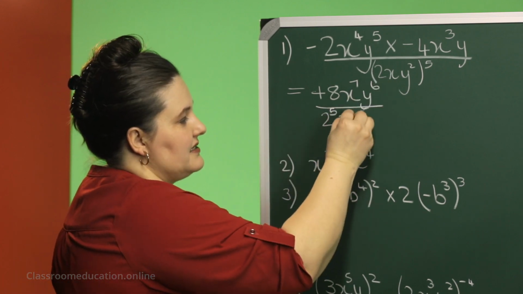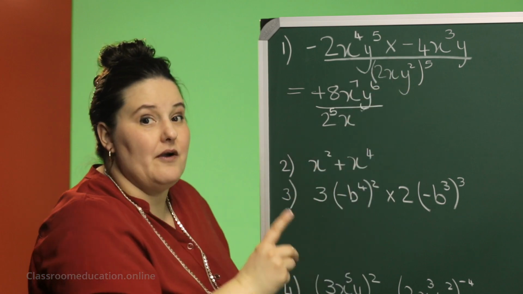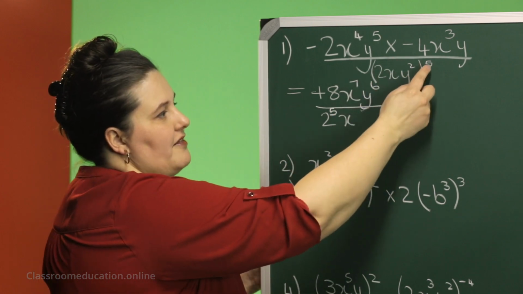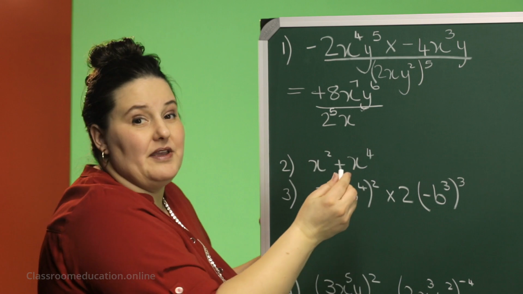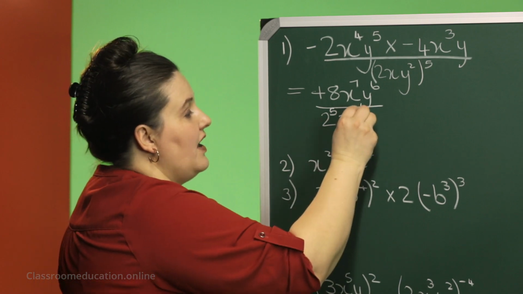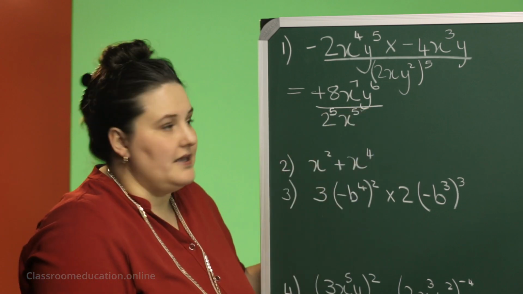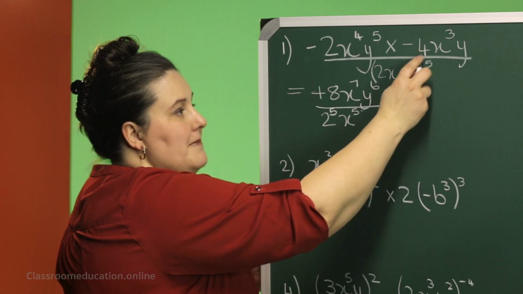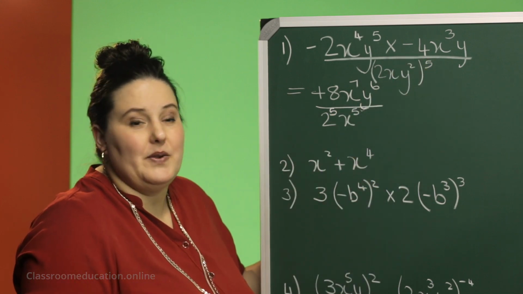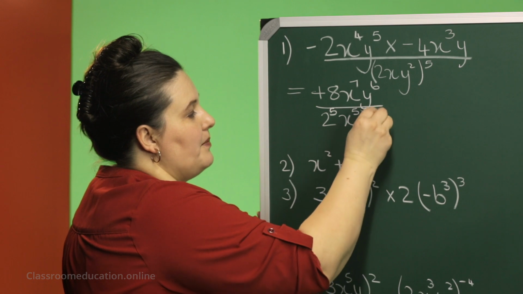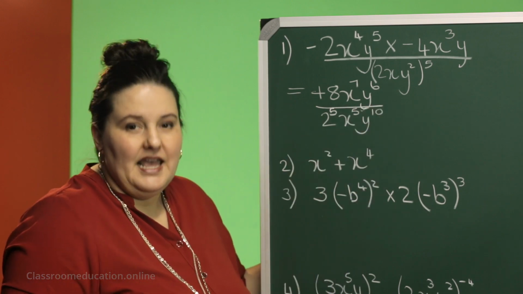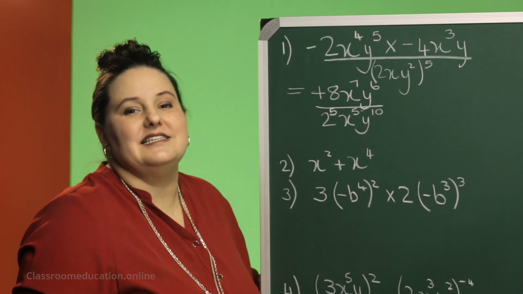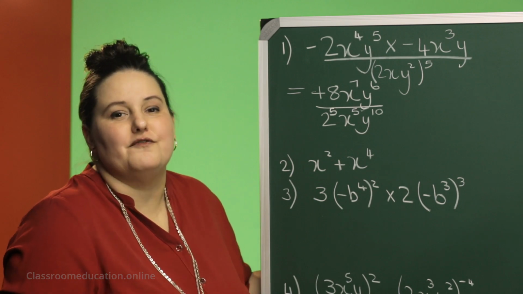Next one, the x. I have it as to the power of 1. So if I multiply the 5 with the 1, it will be x to the power of 5. And then the y. Y to the power of 2, multiply those two exponents, and I will have y to the power of 10.